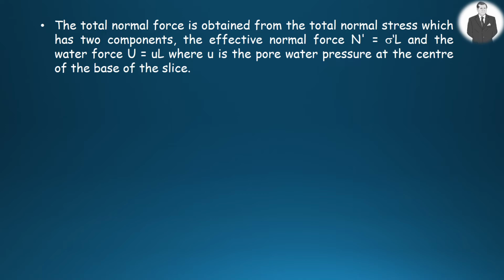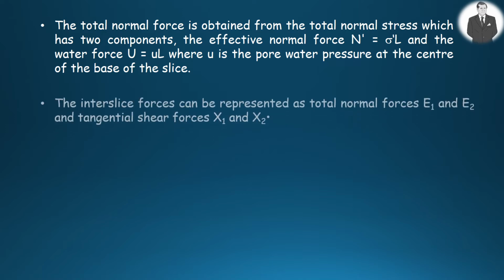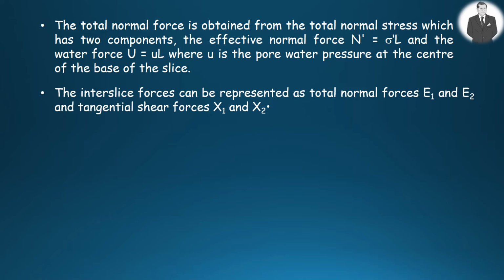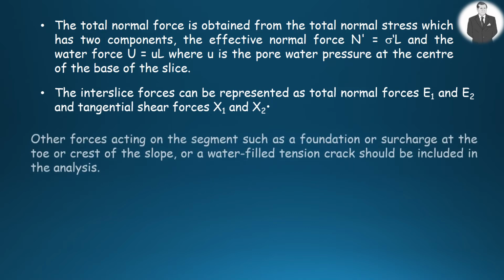Total normal force can be obtained from the total normal stress, which has two components, namely the effective normal force, which is equal to sigma prime times L, and the water force, which is equal to pore pressure times L. The interslice forces can be represented as total normal forces, E sub 1 and E sub 2, and tangential shear forces, X sub 1 and X sub 2.